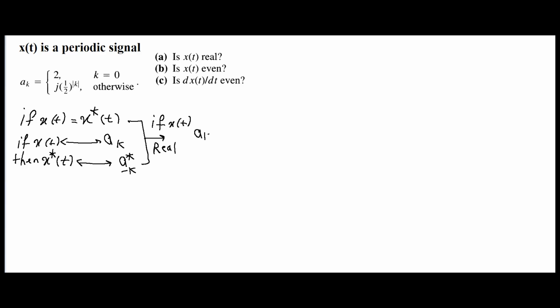for x(t) to be real, we must have a_k equals a_{-k} conjugate. Now we check this condition. We already have a_k. Next we form a_{-k}.